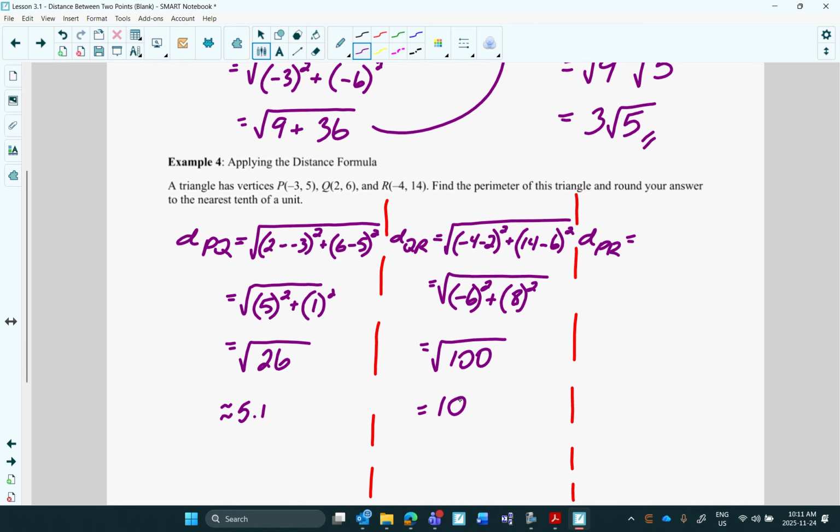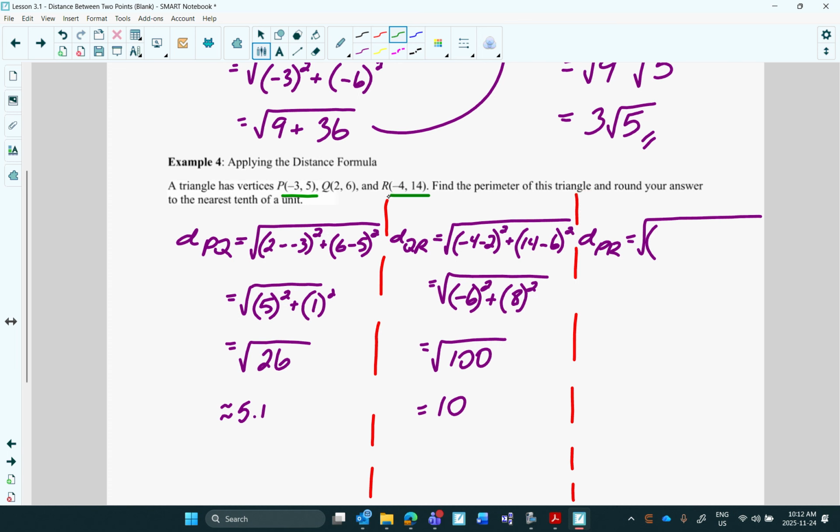And now finally, PR, so we're going to use these 2 points. So these ones are going to be my second x, second y, first x, first y. So remember, look at these points now.